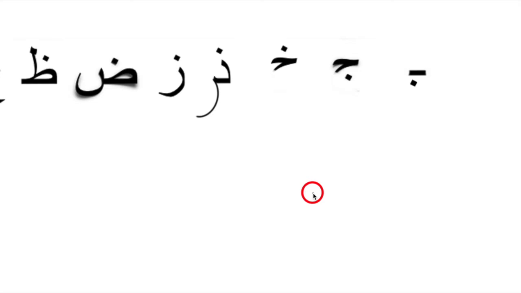Ra. So now I've joined it. That indicates that it's been joined at this end. If it's joined by another letter at this end, this would indicate it's a Noon because it's joining at this end. Whereas, if I was to put the letter Ra here and have a gap here, this indicates that this letter will not join.